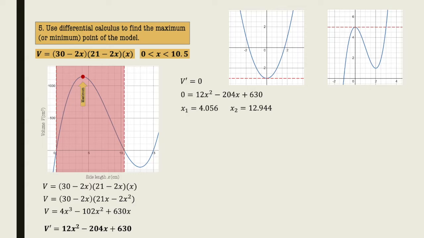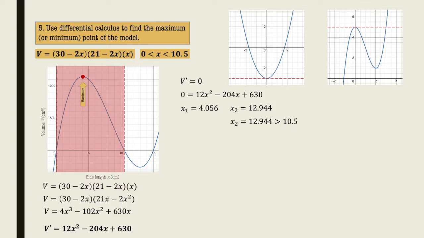In the end, we get that x equals 4.056 and 12.944. Immediately, we notice that 12.944 is outside the parameters of our domain. Therefore, we must ignore it, which leaves us only with x equals 4.056.